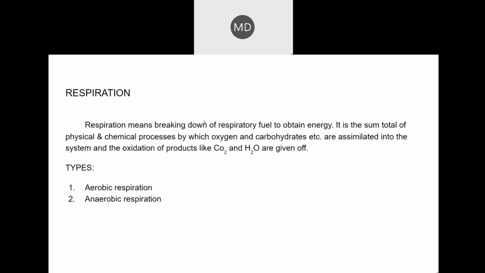As we have spoken, breathing is an external process, right? But respiration is an internal process, where chemical and physical processes are involved. It happens inside our body. Internal means it happens inside our body. So the main difference between breathing and respiration is that breathing is external and respiration is internal, it happens inside our body.